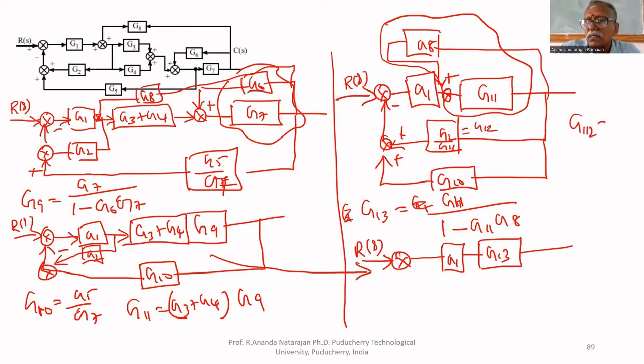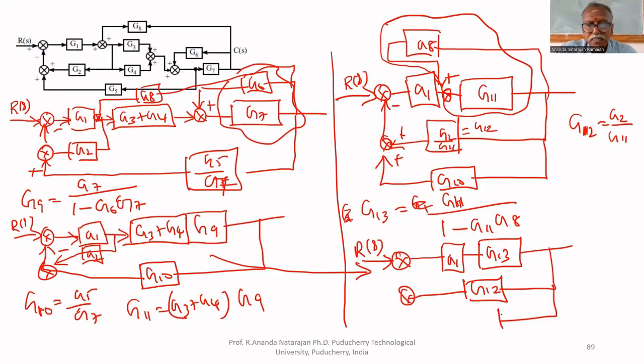G12 equals G2 upon G11. So now we get G12, one feedback. Another feedback is G10.